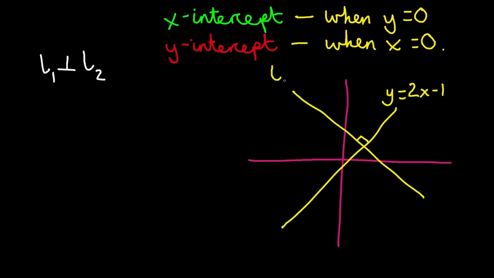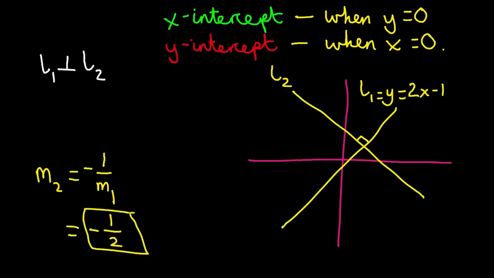We'll call this line 2 and this is line 1. So again, the gradient of line 2, m sub 2, is equal to the negative reciprocal of line 1. The gradient of line 1 is 2, so the negative reciprocal of that is negative 1 over 2. So the gradient of this line is negative 1/2.